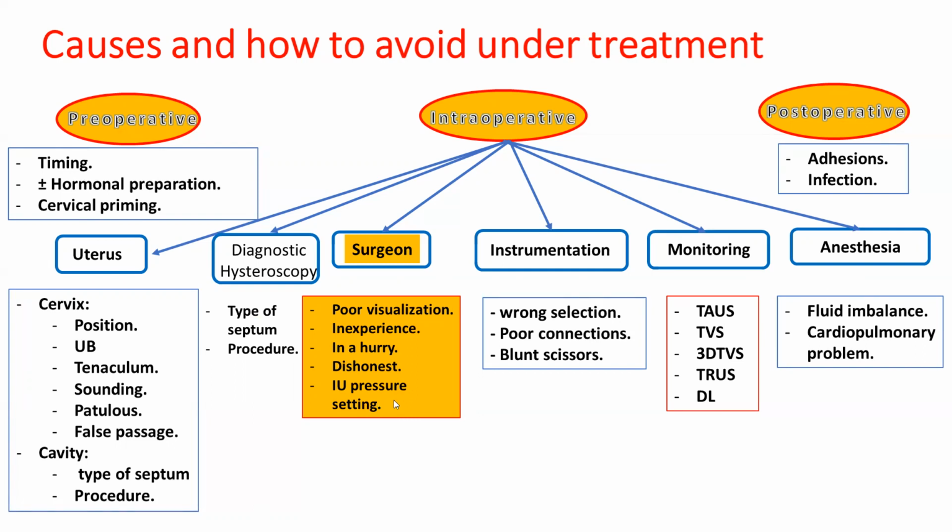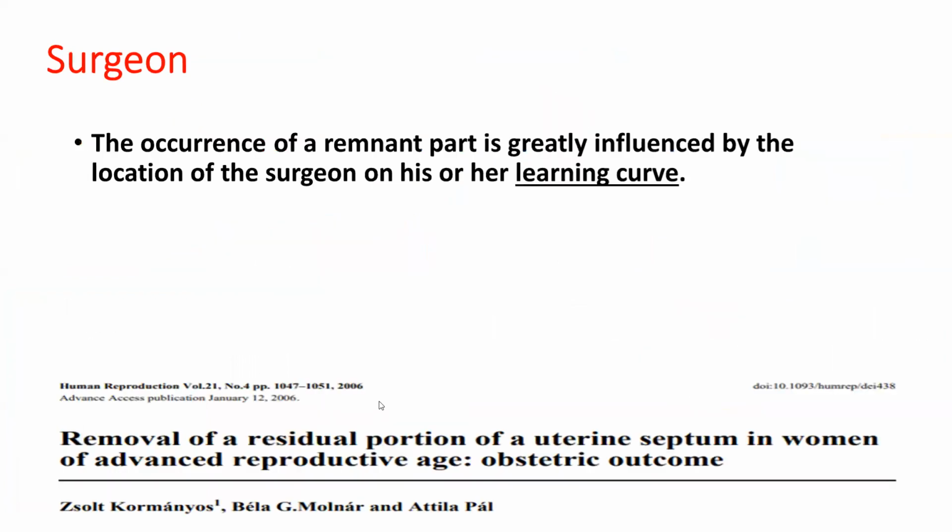Also, the intrauterine pressure setting is your responsibility. As I told you before in the lecture on the fluid balance during hysteroscopy, the intrauterine pressure is controllable by the surgeon. So you have to keep the intrauterine pressure at the least possible to avoid over-distension and over-stretching of the uterus and missing a part of the septum after deflation of the uterus.